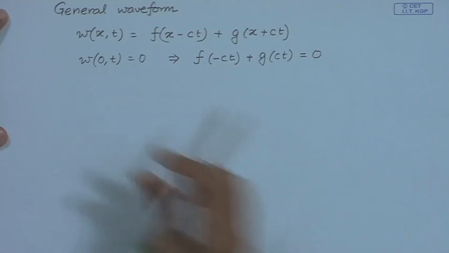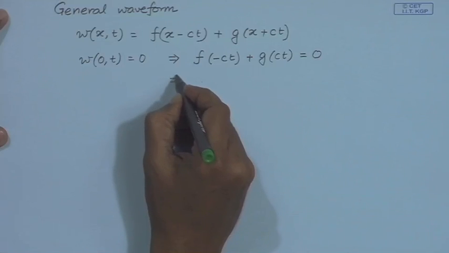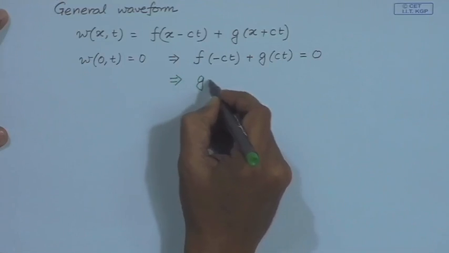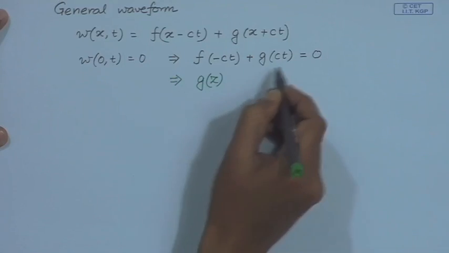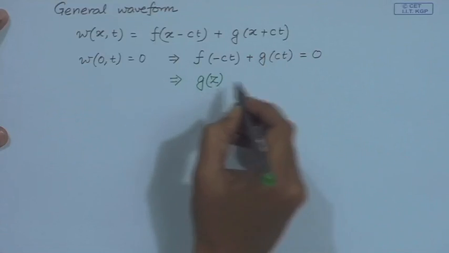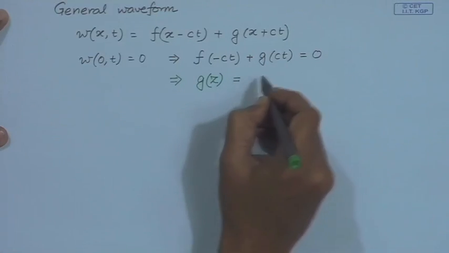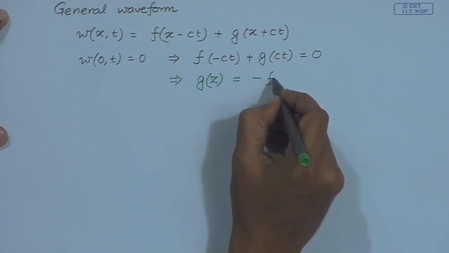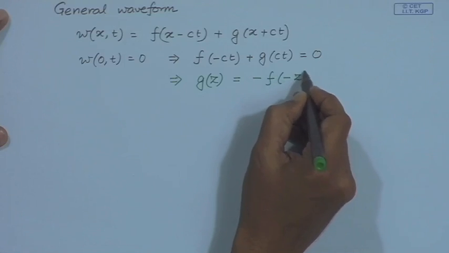So, what we therefore have is g of z, let me write c t as z, is equal to minus f of minus z.